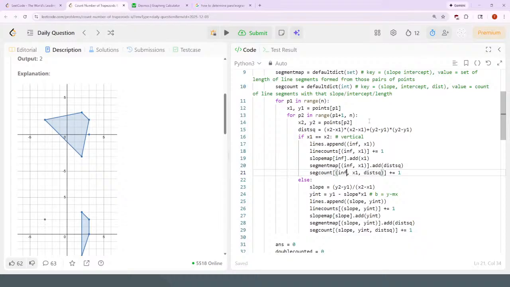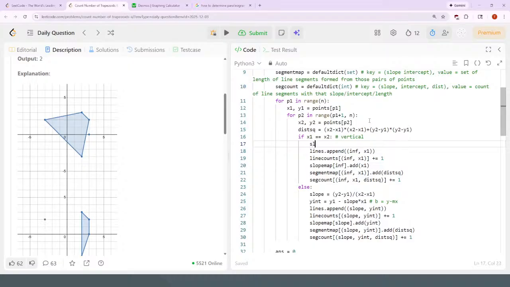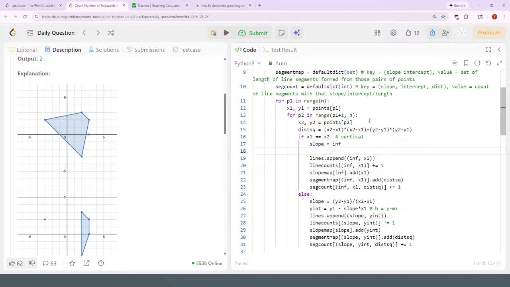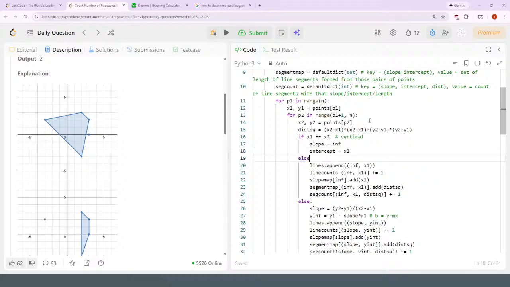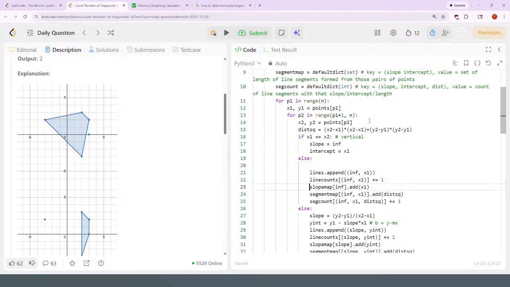I wonder if I can actually combine this code, right? This is actually identical code, just different. Yeah, I can refactor this. So I think I can say here that the slope is equal to infinity, and the intercept I'm dealing with is x1, else I do these two.